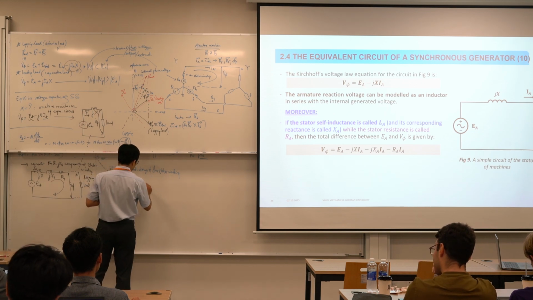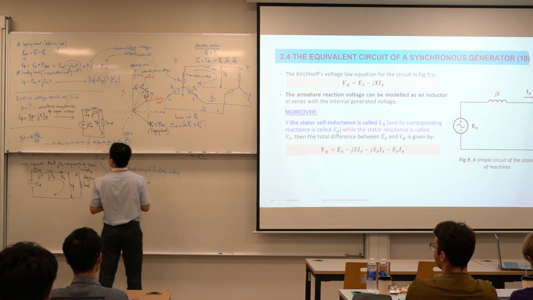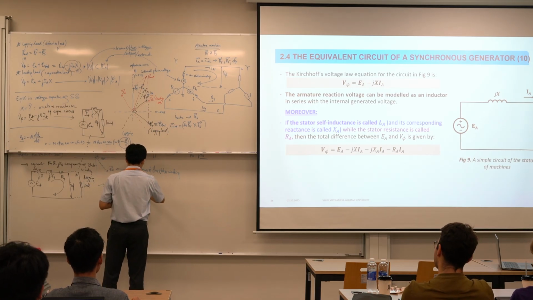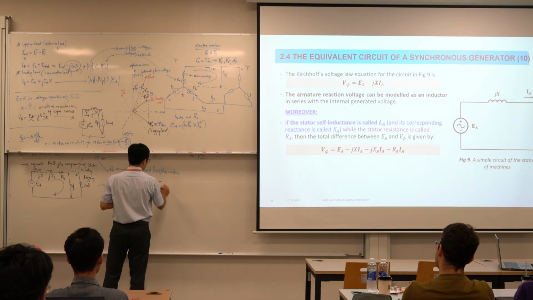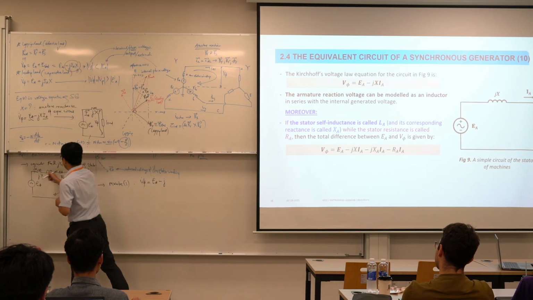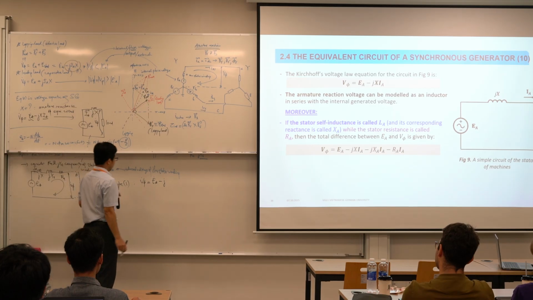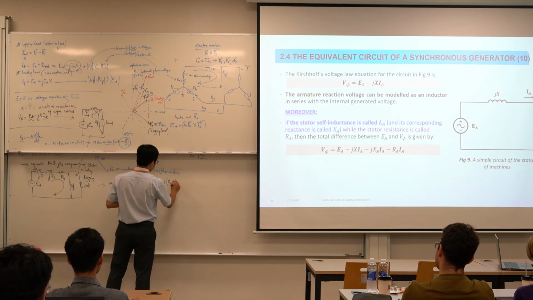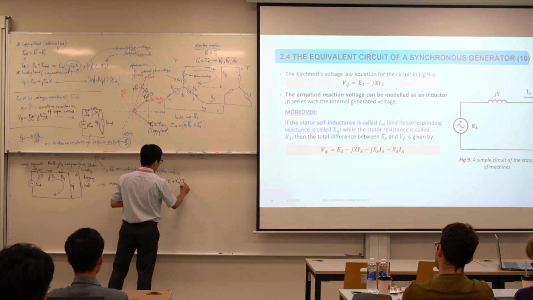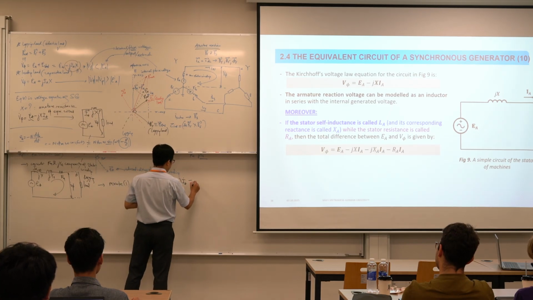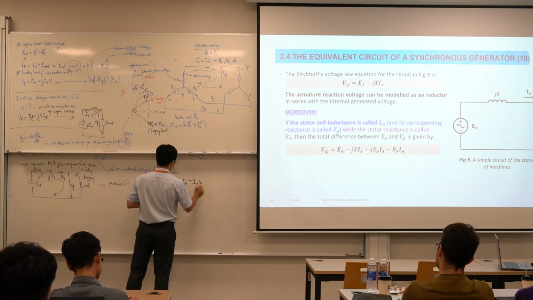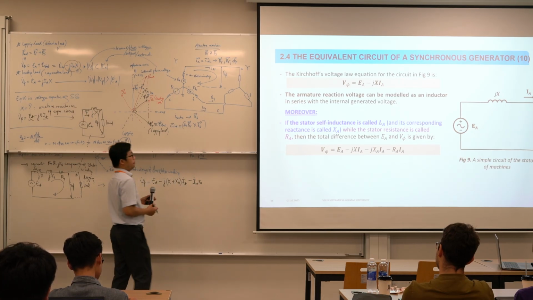Now we have the phase voltage is EA minus jX here. They are in series. So you get X plus X_A, times IA. That's all.